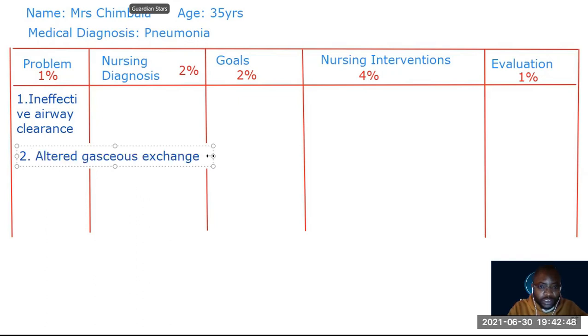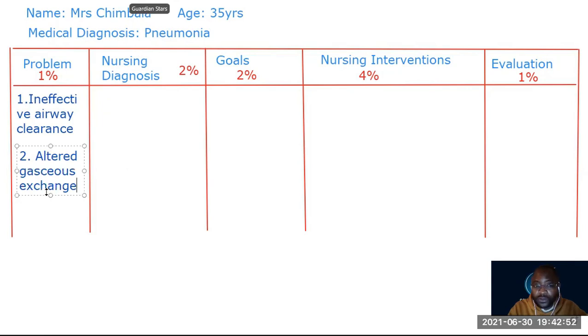altered gaseous exchange. We know this is at the level of the alveolus, meaning there is a problem. The patient is breathing in, of course, but there is something blocking the exchange of gases at the alveolar level in the air sac.